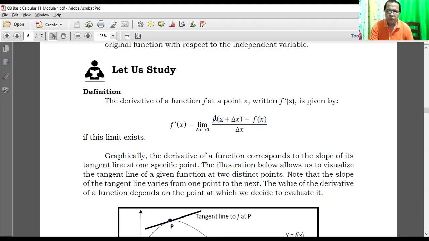According to the definition, you take the limit as change of x approaches 0. As change of x approaches 0, that is now the derivative of the function.